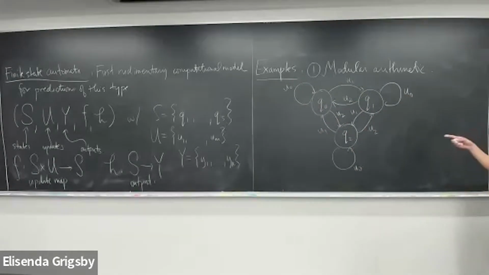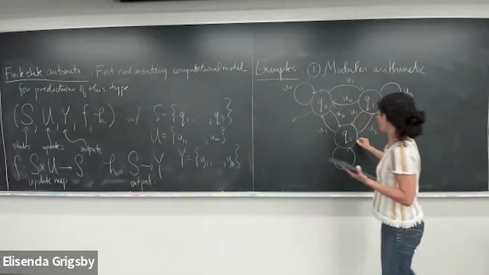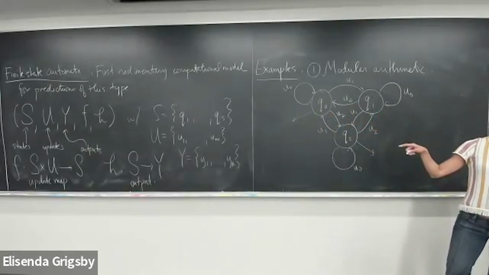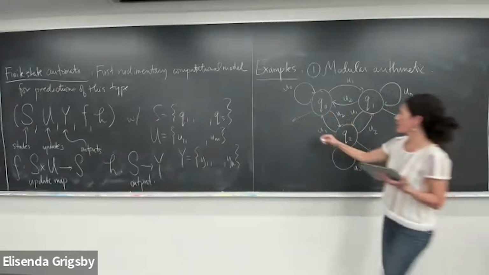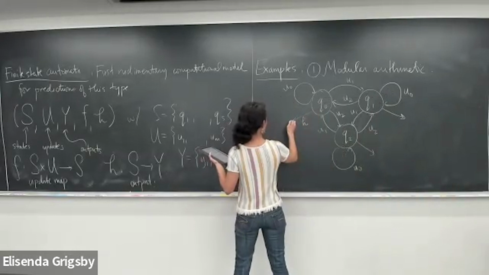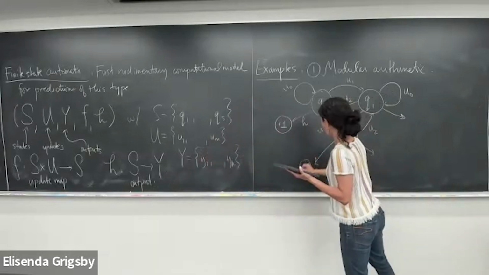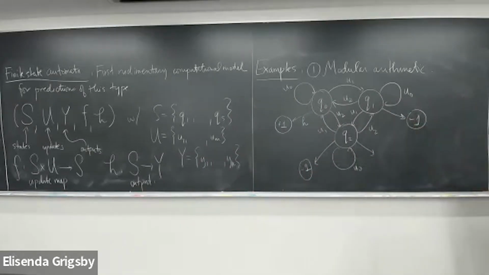And then you might do a decision problem on this automaton. Namely, the decision problem might be: is the sum of these numbers mod 3 divisible by 3? And that can be represented by this output map H. So this is divisible by 3, but these aren't. So this is a really simple representation of mod 3 addition as a finite state automaton.